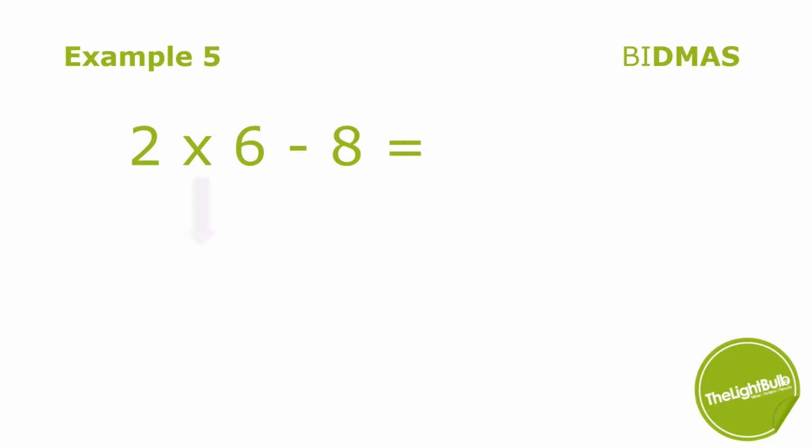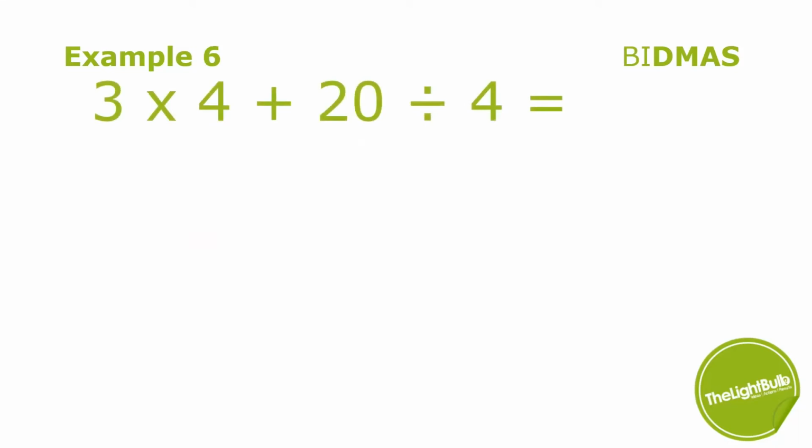Multiply comes first. 2 times 6 is 12, and then minus the 8 gives us an answer of 4. Let's look at another couple of examples before we move on to thinking about the brackets. Example 6, a little bit more involved, this one, so we'll give you 10 seconds still, but press pause if you want to take a bit longer, which many of you will.